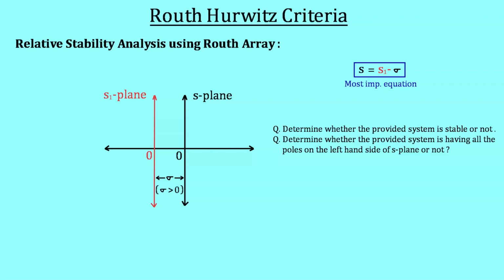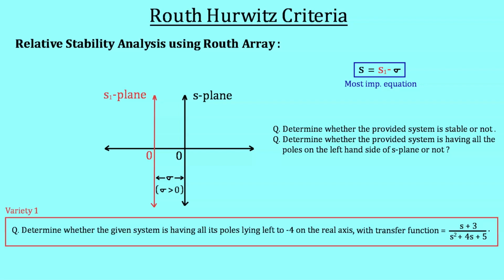In both the equations, you have to simply form the Routh array and determine whether the system is stable or not. But suppose there is a question where you have to determine whether the system is having all its poles lying left of -4 on the real axis or not.